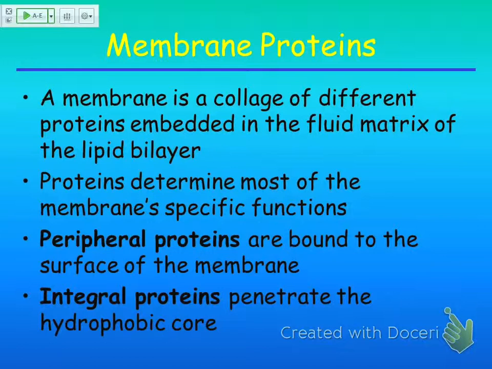Integral proteins penetrate the whole way through the membrane, from the hydrophilic phosphate groups through the fatty acid core and back out to the other side. So they're going to have different functions just based on this alone.